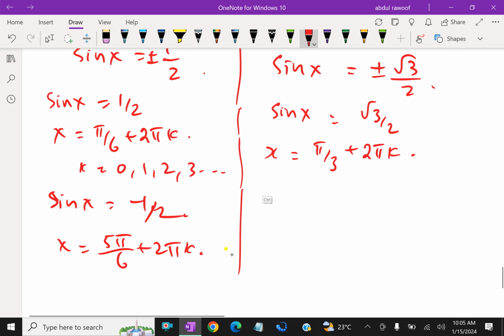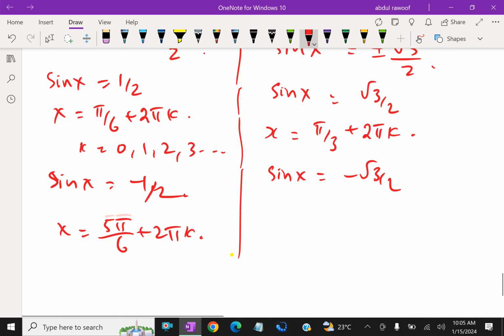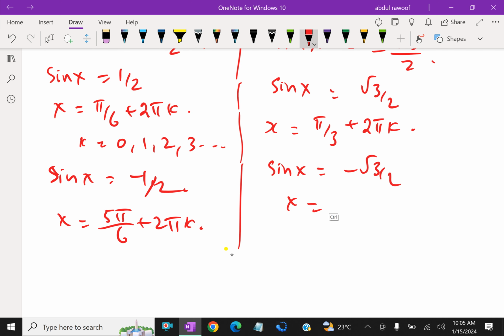When sin x equal negative root 3 by 2, then x we have by table 5 pi by 3 plus 2 pi k. Here we have x with 4 values.